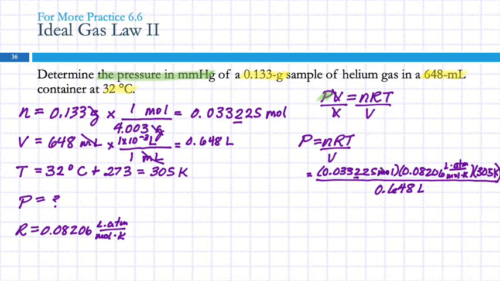Moles cancel, liters cancel, kelvins cancel. We get 1.2833 atmospheres.